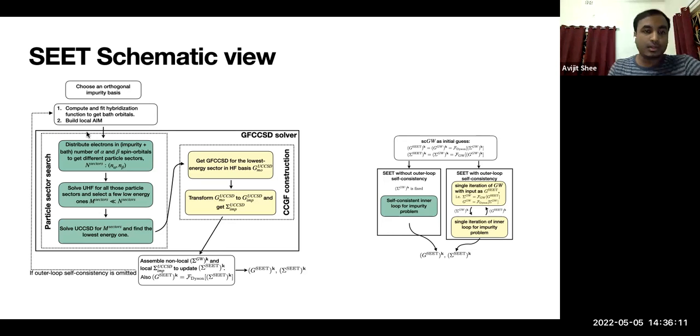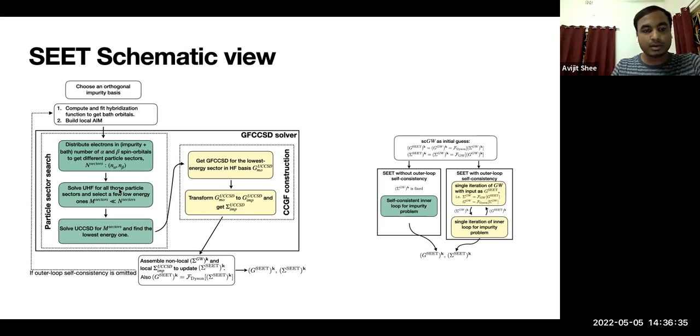For that Hamiltonian, the quantity which is not known is the number of particles present. I will go into the details of this part in the next slide, so just bear with me.